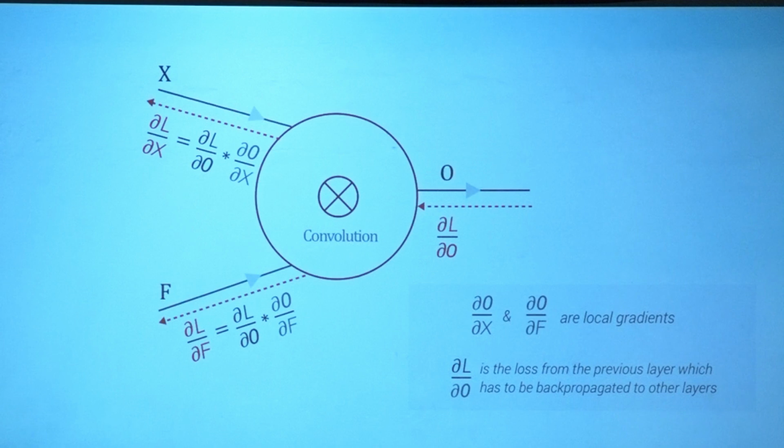Once you calculate the local gradient, it is easy using the chain rule of derivation. You can calculate the gradients for your inputs X and the filter F, so that both the inputs and the kernels can be updated easily once you have the gradient values, with the help of the learning rate parameter.